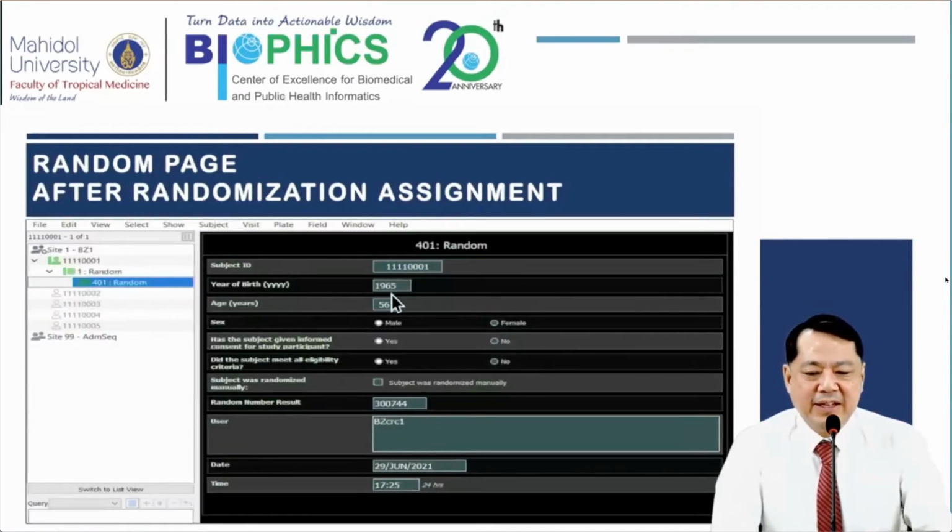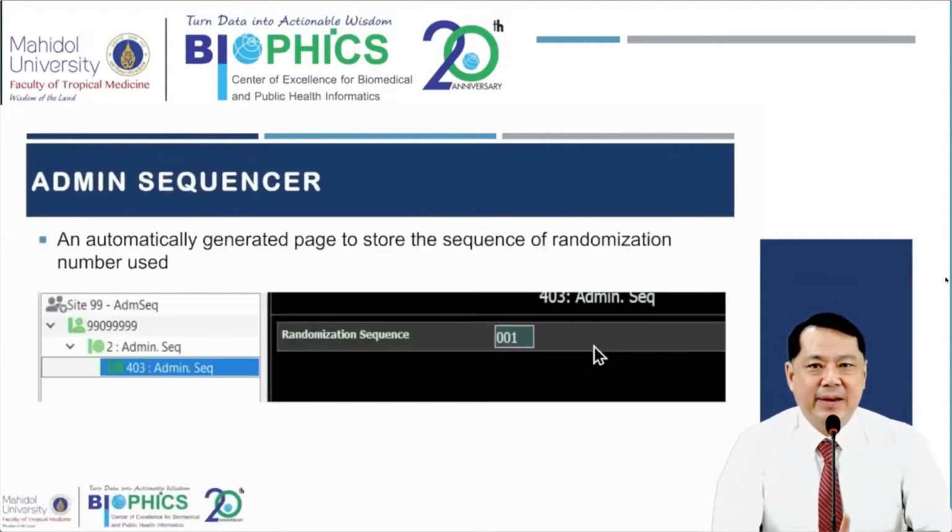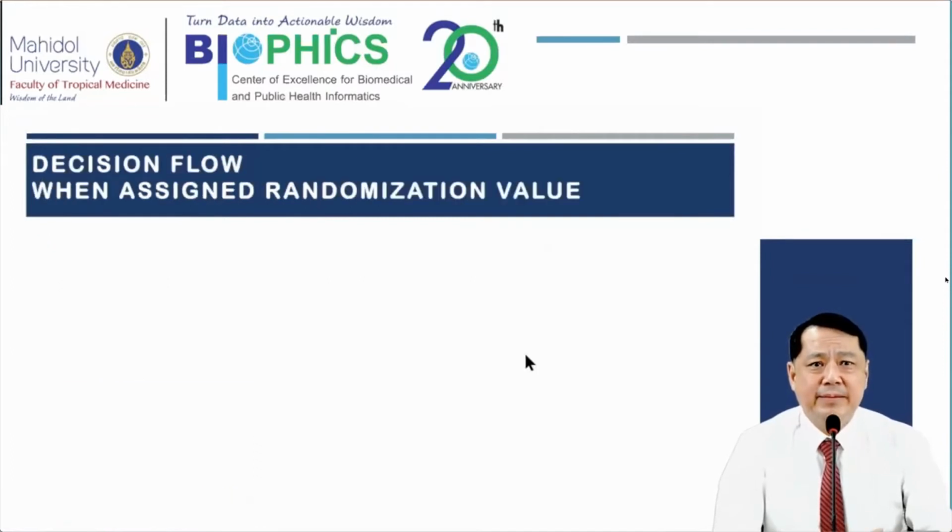Once they enter all the criteria correctly, they will be ready to get the randomization number. If they successfully get the randomization number, the admin sequencer page will be updated like this. This is an automatic page; the user doesn't have to do anything, but it will update automatically.